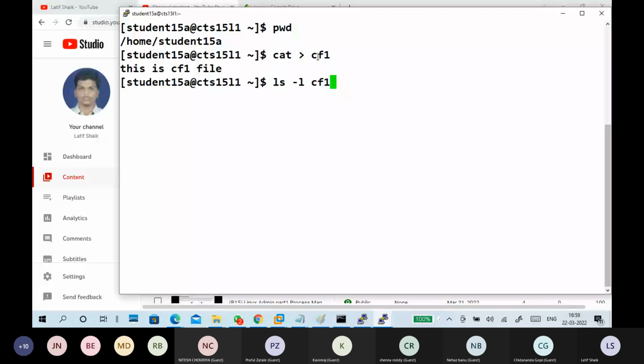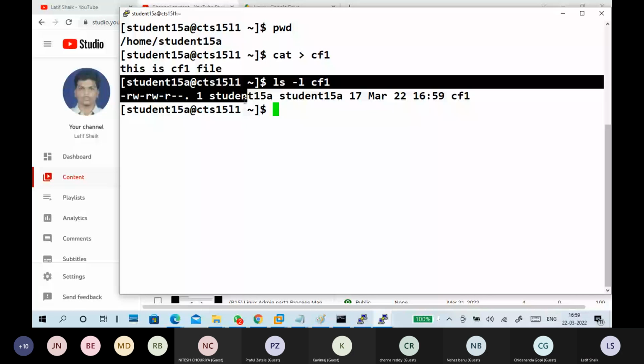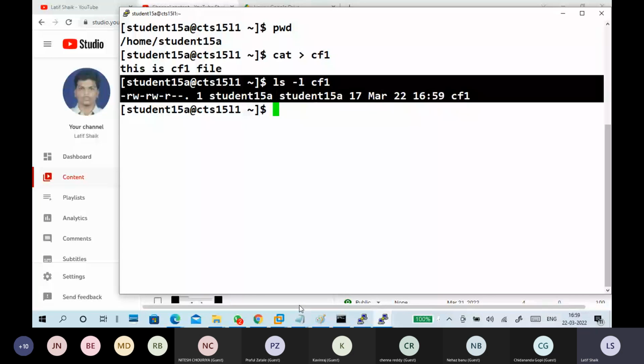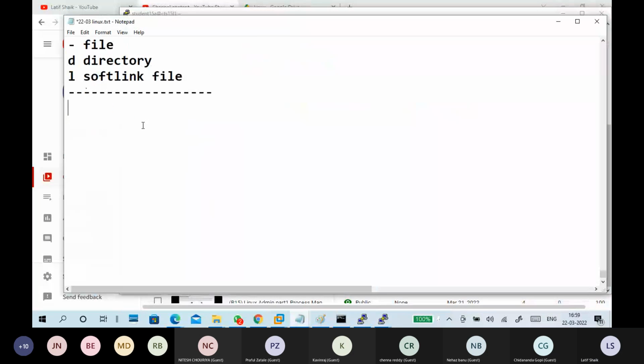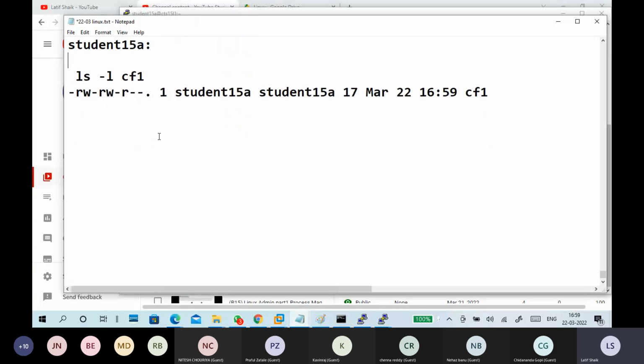See, it is the same concept we were looking at. I logged in as student 15A and I'm doing this practical here.